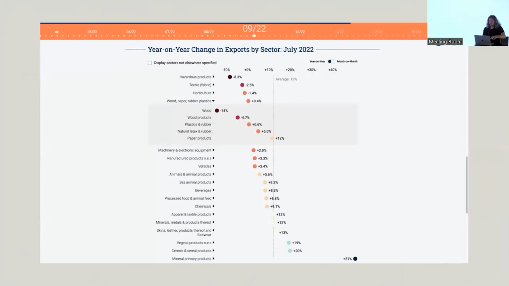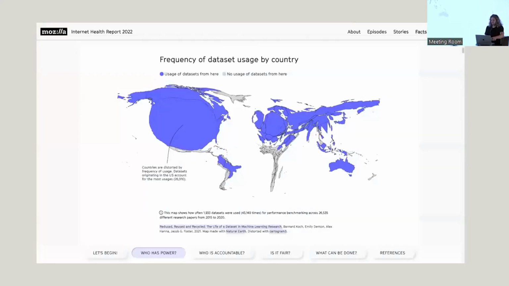We are also creating interactive reports and dashboards, like the trade briefs for International Trade Center, a monthly monitoring of global trade, but also, for example, the annually published Mozilla Internet Health Report.